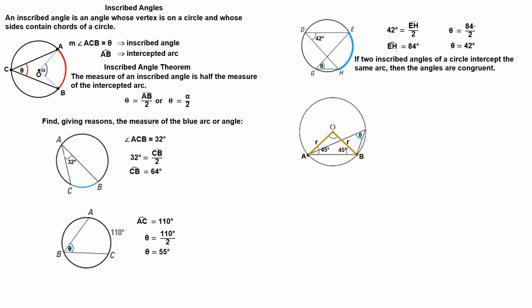Therefore, the angle AOB is 90 degrees. The angle AOB is the central angle, and the measure of the central angle is the same as the measure of the intercepted arc. So the arc AB is 90 degrees. Theta is the inscribed angle, and the inscribed angle is half of the intercepted arc. So the theta angle is 45 degrees.